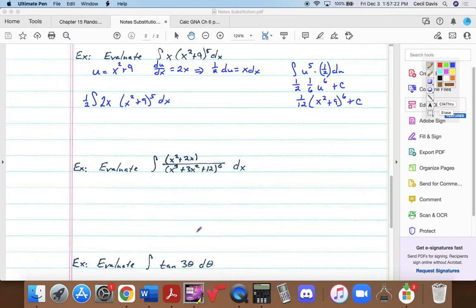But the 1/2 I'm going to put in front of the integral so that I can just undo the chain rule here. I'll keep the 1/2. Undoing the chain rule, this 2x factor is going to go away. I'll have 1/6 of x squared plus 9 to the 6th plus c.